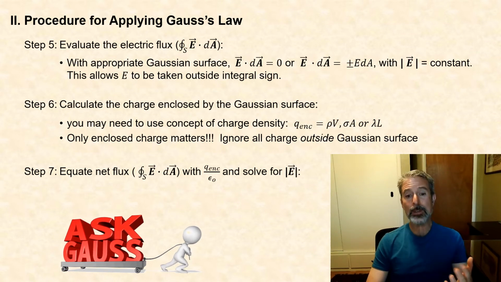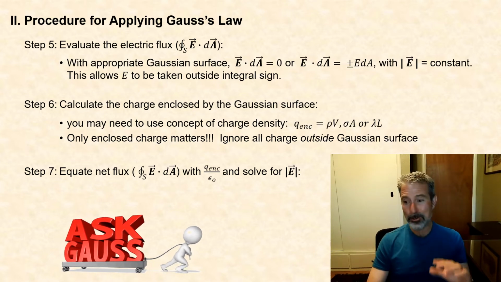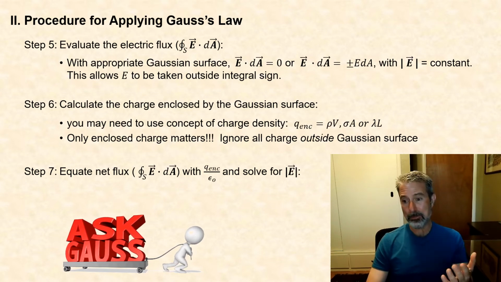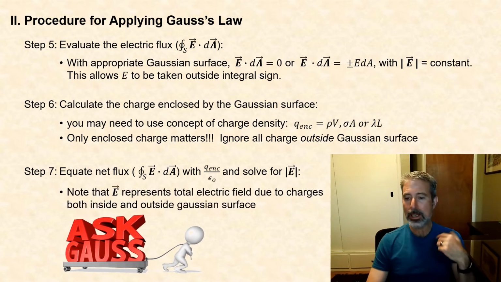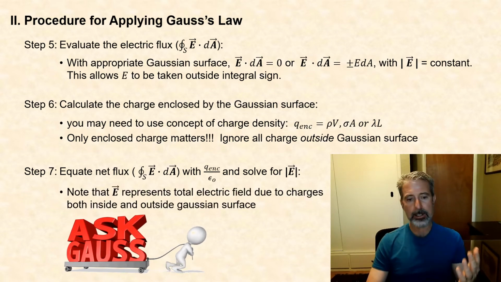As you will see, you're going to be in a position to solve for the magnitude of the electric field. Remember, the direction of the field is already known, but the magnitude of the field you will get by applying Gauss's law here, equating the flux with the charge enclosed. And note that the electric field represents the total electric field due to charges both inside and outside of the Gaussian surface.